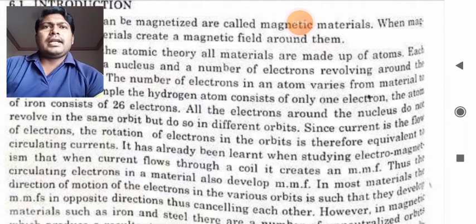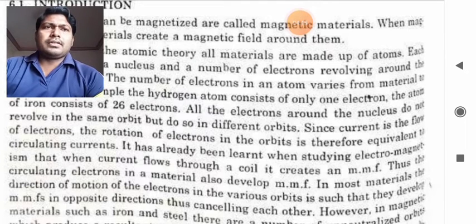Try to make a diagram in which you place these 26 electrons and find out the number of valence electrons, right? All the electrons around the nucleus do not revolve in the same orbit, but in different orbits.